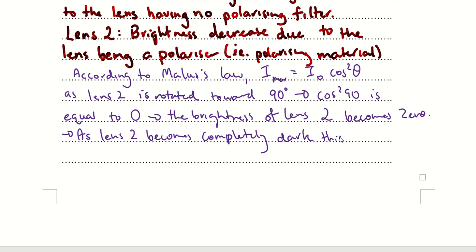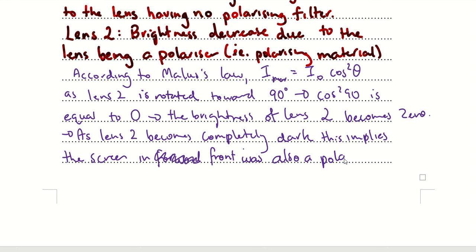Okay? So as lens 2 becomes completely dark, this implies the screen in front was also a polarizing material.